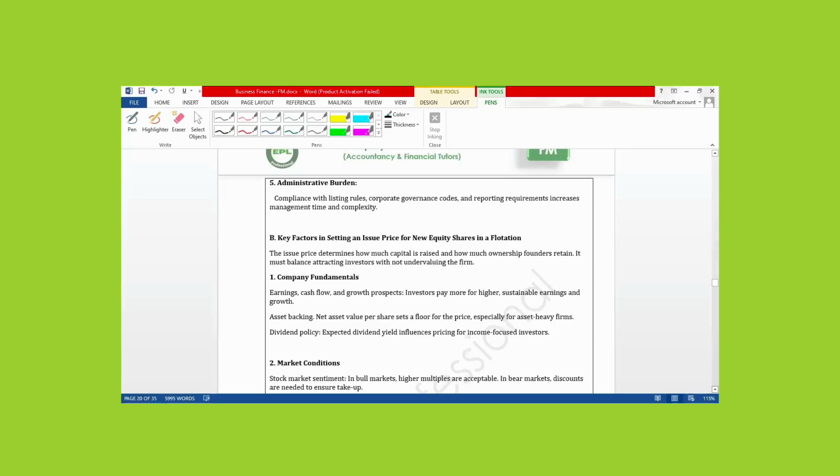Why? Because before then, Zenith earnings were very high. As a private bank, the company's growth prospect potential was very high. The asset backing was high. All these factors will affect issue price.